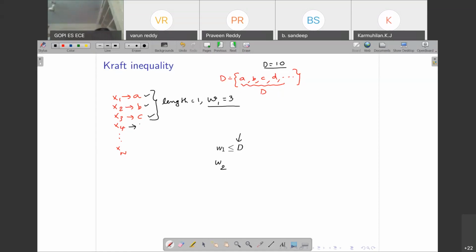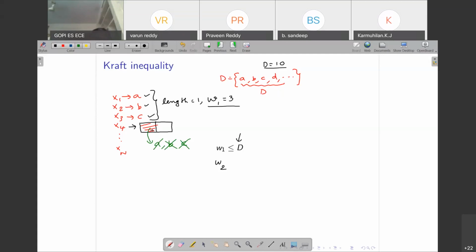The point here is, if I want this to be a prefix code, it means that in this box you should not have A, B, or C allowed, because we already used A, B, C. So it should not start with A, B, or C.